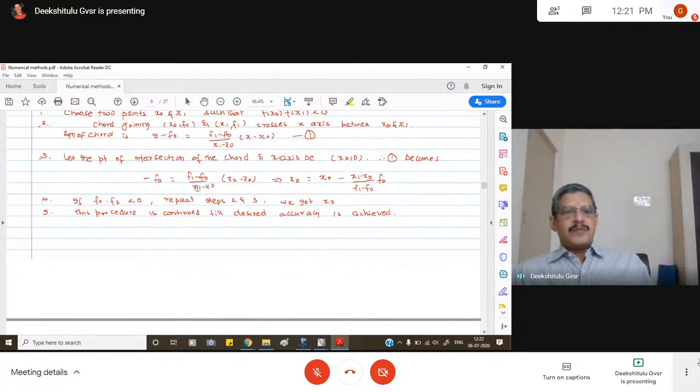Taking all the terms to the other side, x2 is equal to x0 minus (x1 minus x0) by (f1 minus f0) into f0.